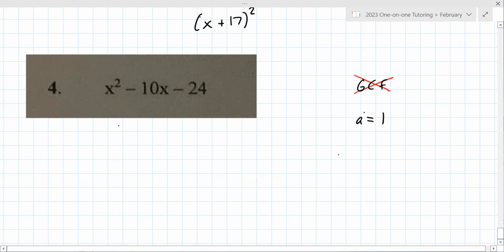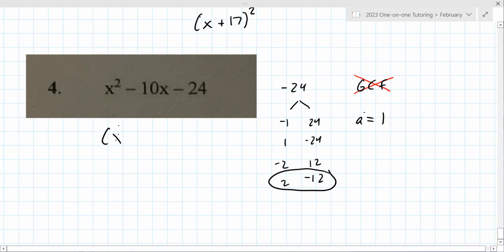Those multiply to positive 24, so this one's tough. Sometimes you have to make the whole list, and it's time consuming. But you will see that these work right here. So that becomes x plus 2, x minus 12.